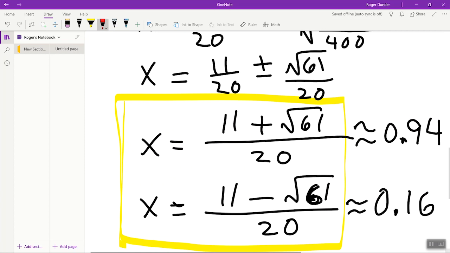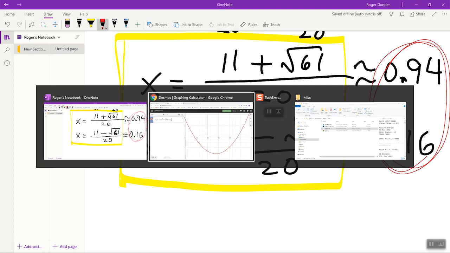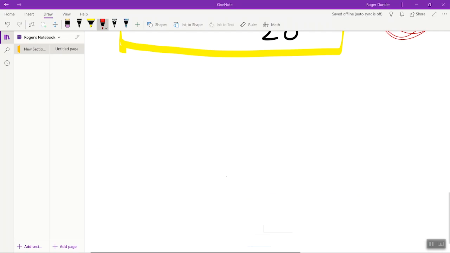We have 0.94 and 0.16. Right here are our two answers. See that? 0.94 and 0.16, corresponding exactly to what we had on our graph. I think that's pretty cool. I hope you're impressed. It's very nice.